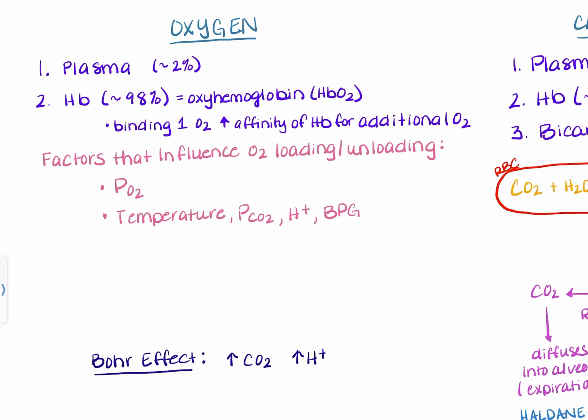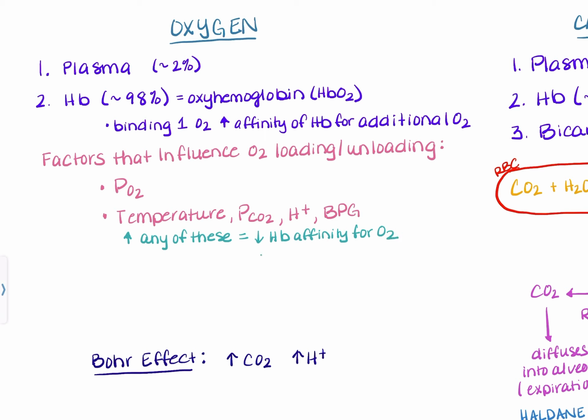All of these are byproducts of metabolism within any cell. So if we increase any of these, they're going to cause a decrease in hemoglobin's affinity for oxygen.